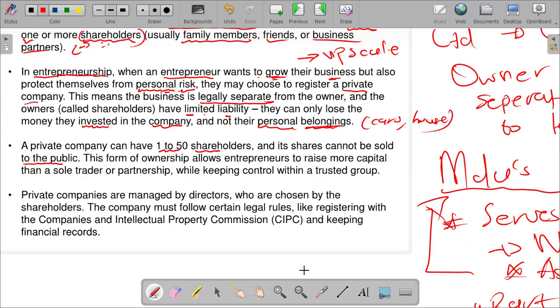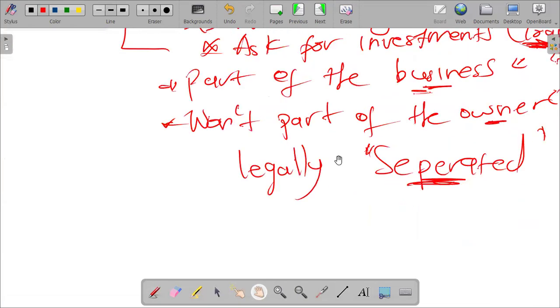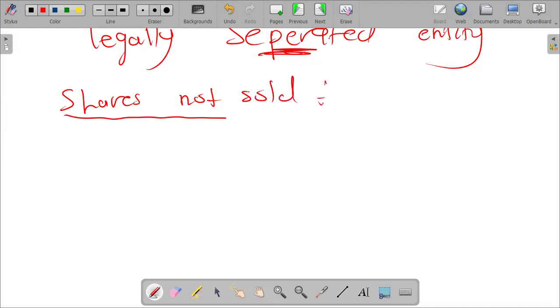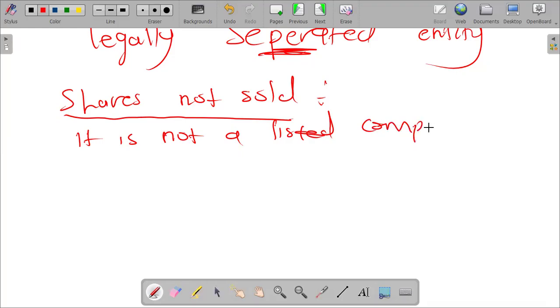This means that the shares of the company cannot be sold to the public. What it means is that it is not a listed company. Where do you list companies?